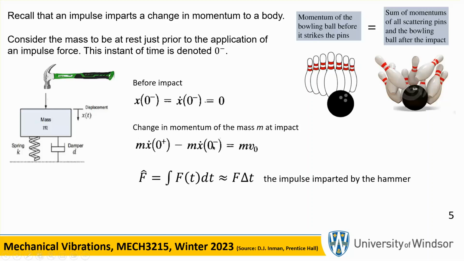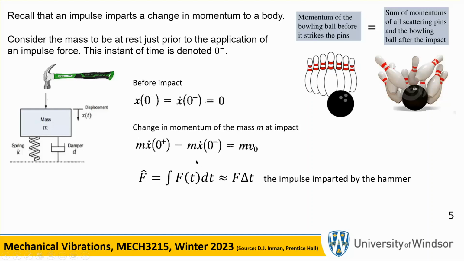Now, this change in momentum, in your dynamics course, you were told that the change in momentum is not zero, it is equal to the impulse, which means the integral of the force dt, the impulse applied to the block. So the momentum after the hit minus the momentum before the hit, of the block, is equal to the integral of the force applied by the hammer to the block during this extremely short time interval.